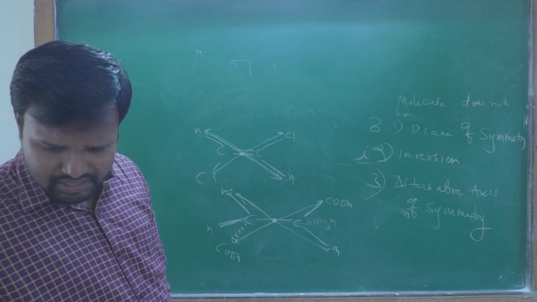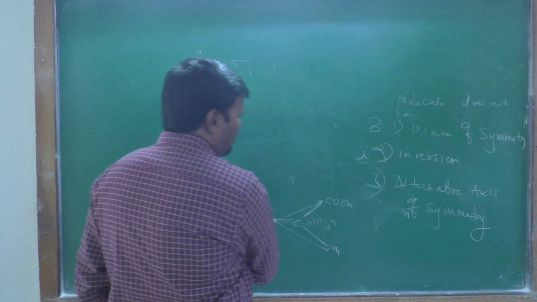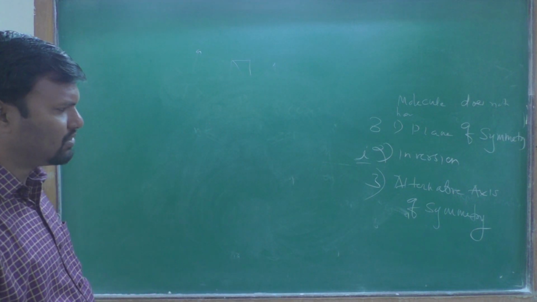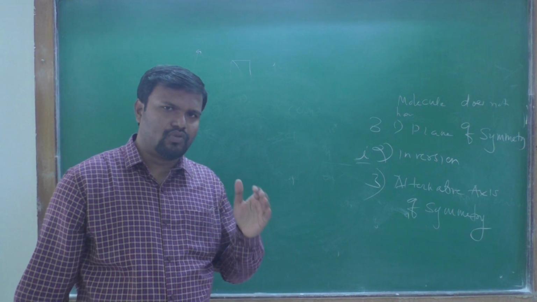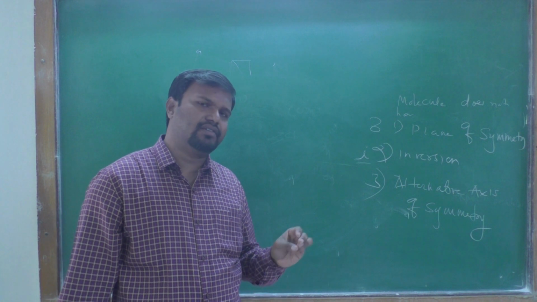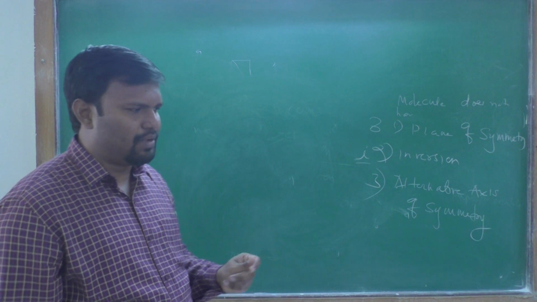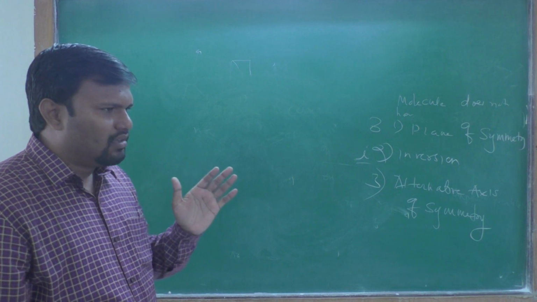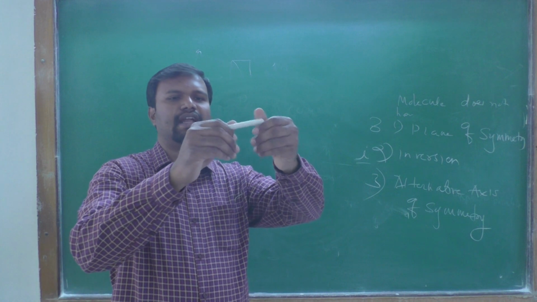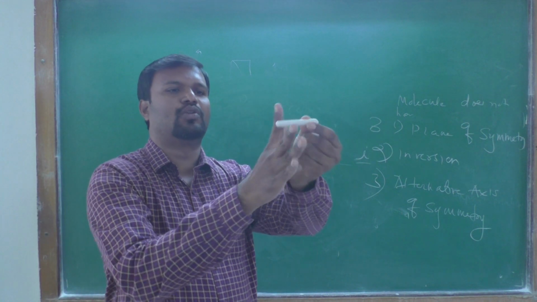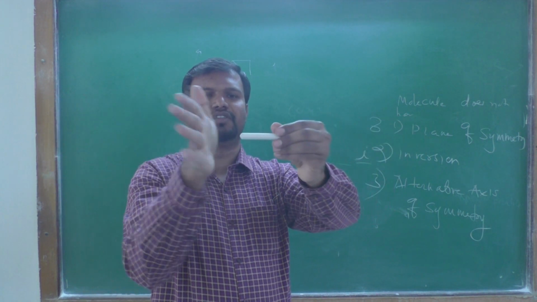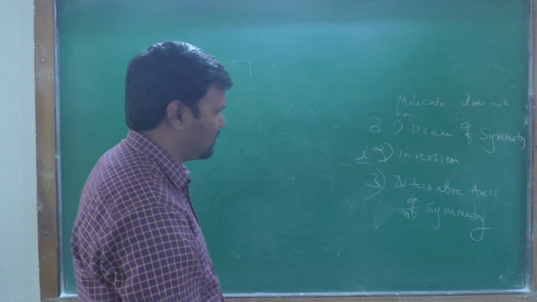The third thing is an alternating axis of symmetry. What does alternating axis of symmetry mean? Firstly, you have to rotate the molecule by some angle about an axis, and then pass a plane perpendicular to that axis you have rotated about.